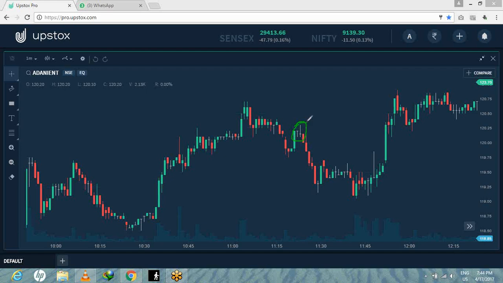You can put one buy here, one sell 10 paisa below, or buy 10 paisa above. So if it triggered this way, you could have gone up. If it had triggered this way, you could have shorted, and either one of your trades will be triggered, either this or this. If any of them gets triggered, just cancel the other one and book the profit in the first one.